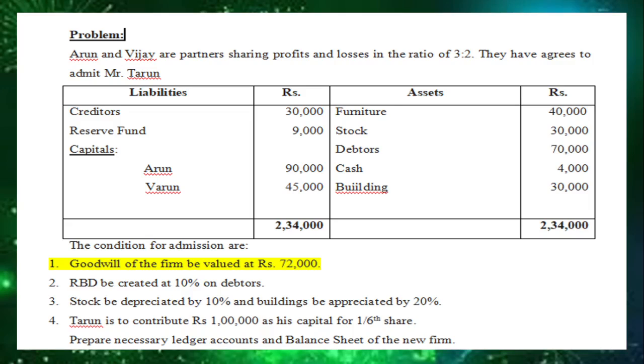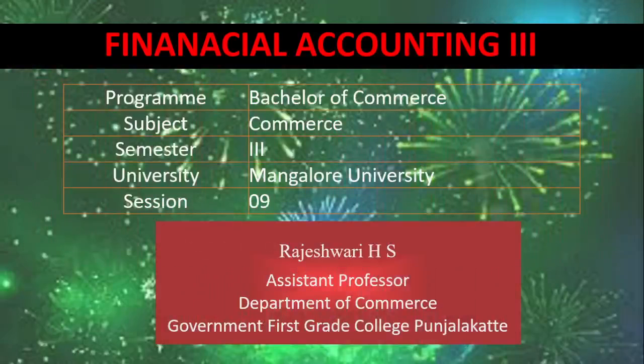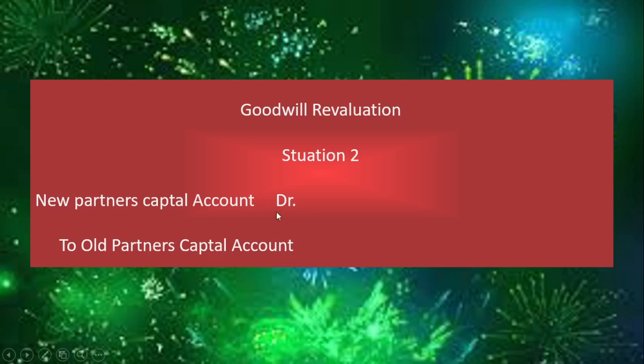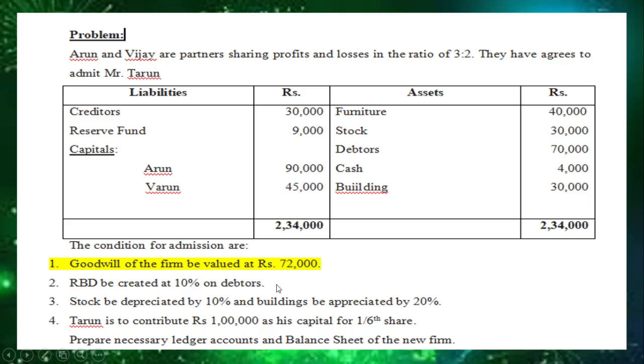So here, this represents goodwill revaluation and the value of this is 72,000 rupees. For goodwill adjustment, we have the entries: new partner's capital account, so Tarun's capital account debits to Arun's capital account and to Varun's capital account. That we will see later.